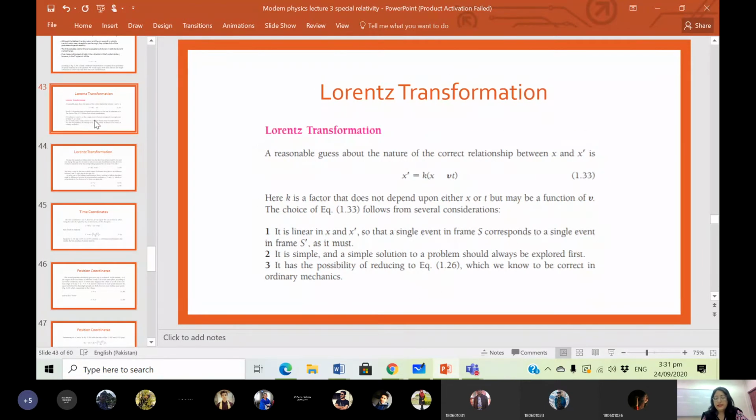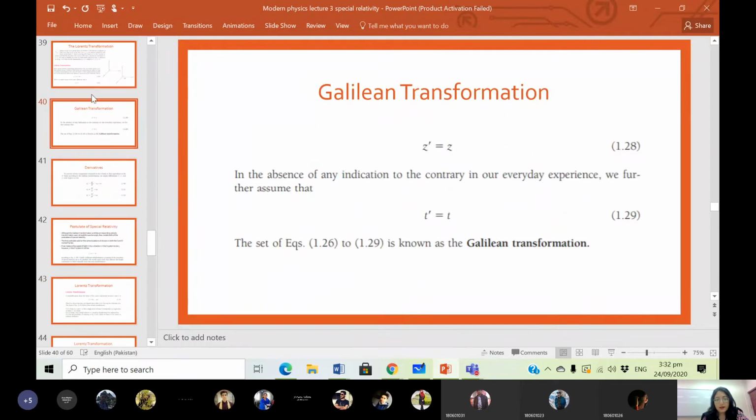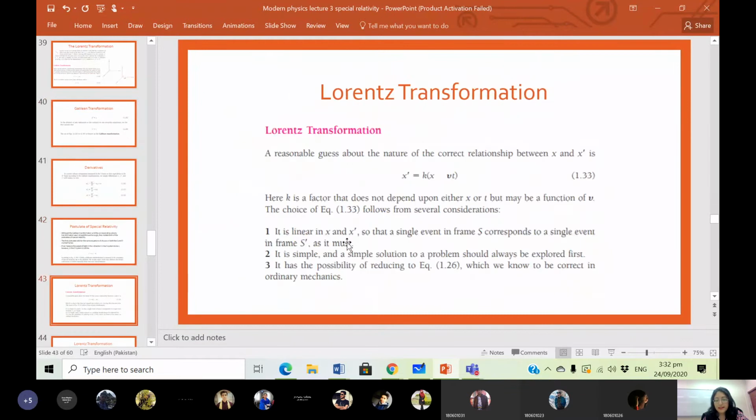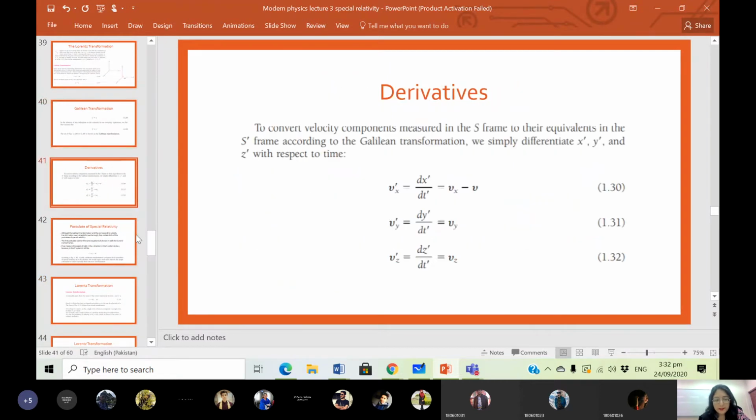So we will see now. A reasonable guess is that there's a minus sign between these two terms here. If the Galilean transformation goes by x minus vt, then we can guess that x dash should be some factor times x minus vt. Wait a minute, where's that formula here?